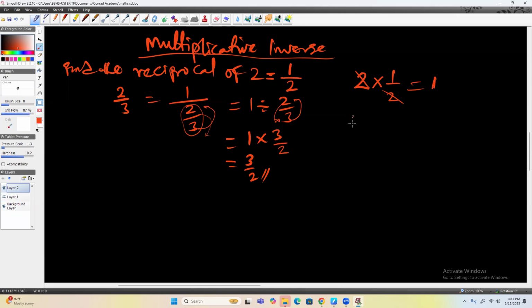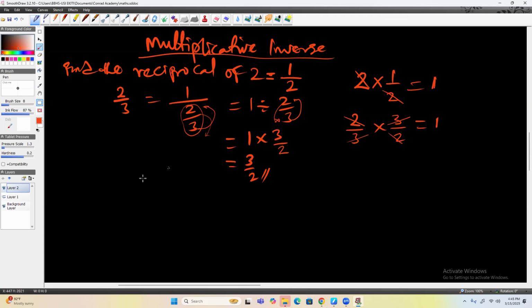The same thing happens here when you have 2 over 3 times its multiplicative inverse, which is 3 over 2. This 3 will cancel this 3. This 2 will cancel this 2. So you have 1.